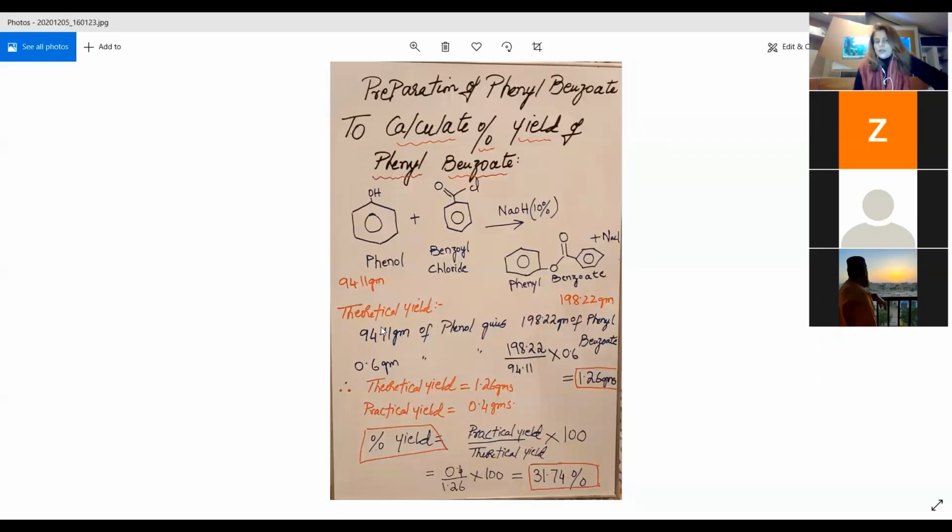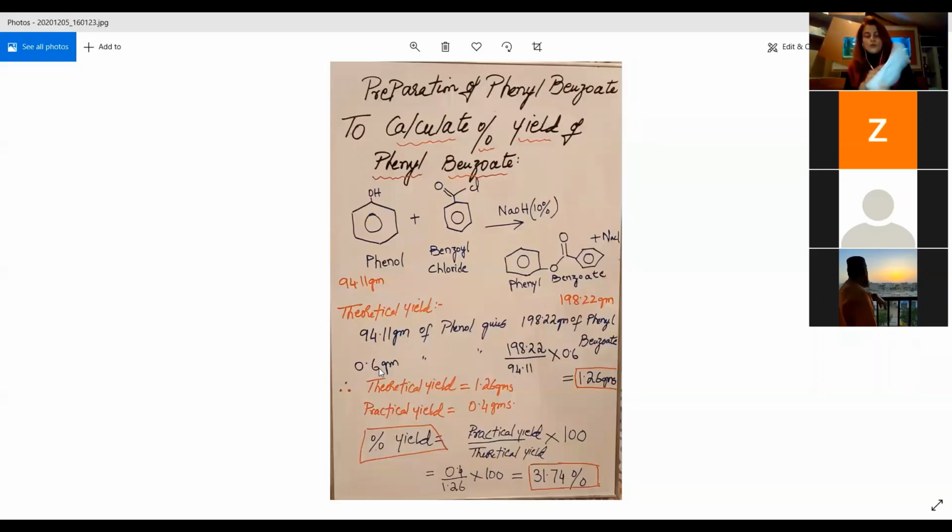So you have here 94.11 grams of phenol right here. You can see the molecular weight. So you will write it like that. That 94.11 grams of phenol gives how much amount of phenyl benzoate? 198.22 grams of phenyl benzoate. So 0.6 grams, now from where did 0.6 grams come? From your scheme.